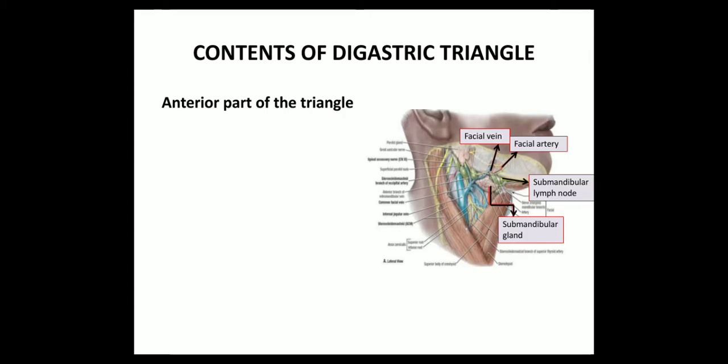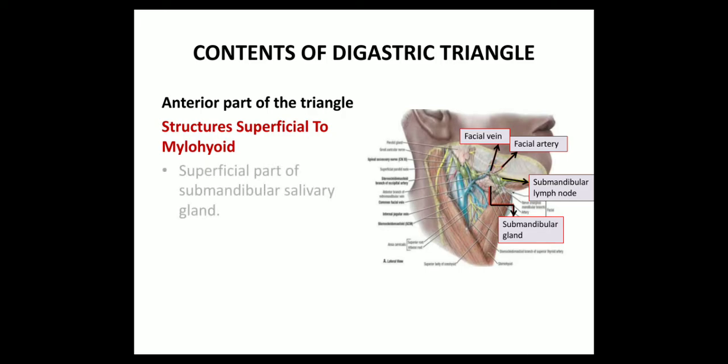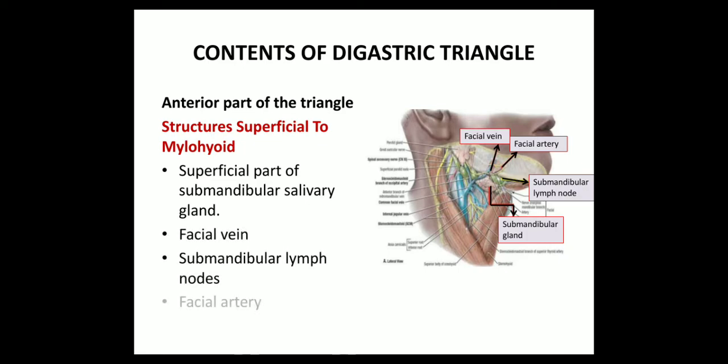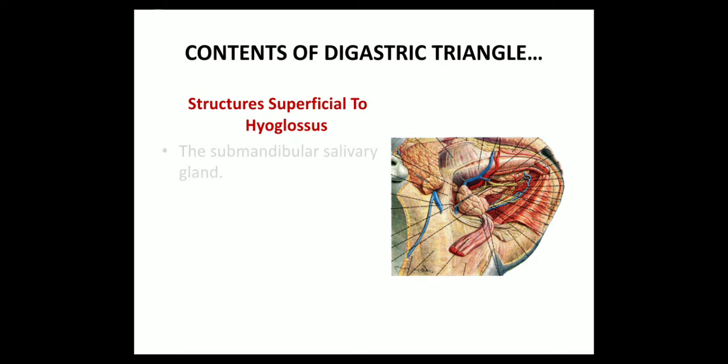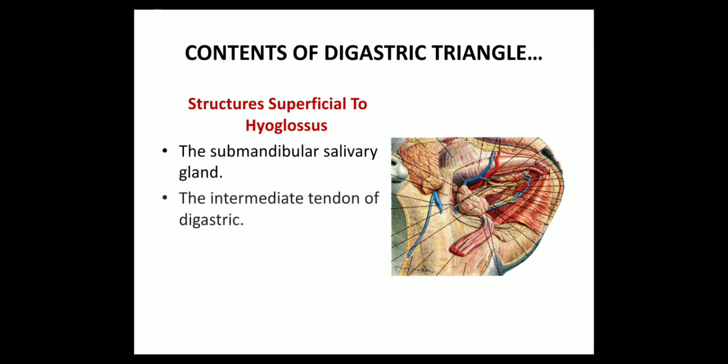In the anterior part, the structures superficial to the mylohyoid include the superficial part of the submandibular salivary gland, the facial vein, the submandibular lymph nodes and the facial artery. The structures superficial to the hyoglossus muscle are the submandibular salivary gland, the intermediate tendon of the digastric, and the hypoglossal nerve.